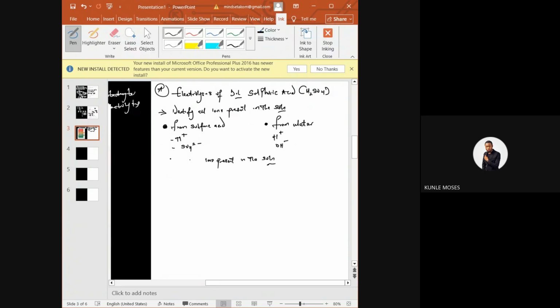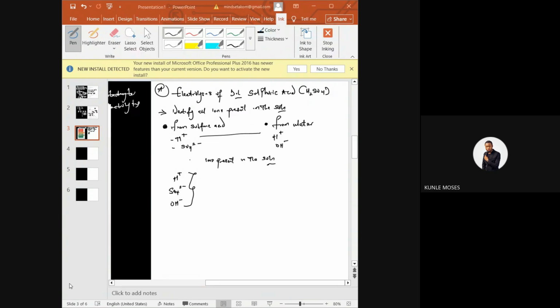We have H plus, which you write out one time. We have SO4 2 minus. The third thing is OH minus. If they ask you to write out the ions present in the solution, these are the three things you write. Are we clear to that extent?